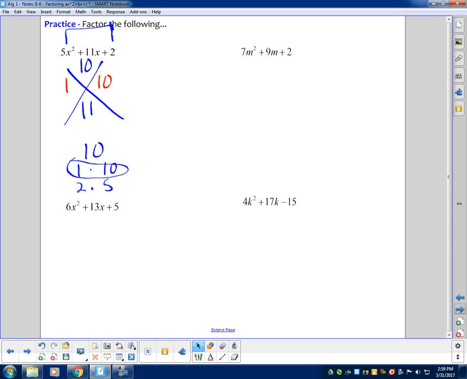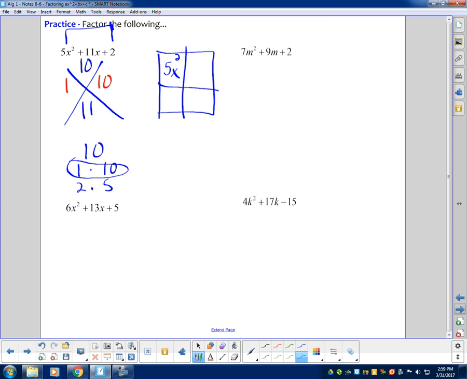All right. So we're going to go ahead and draw our box next and rewrite that trinomial as 4 terms, inserting the terms in the correct place on the box. According to step 4 in the process on the previous page, we place the first term, 5x squared, here.